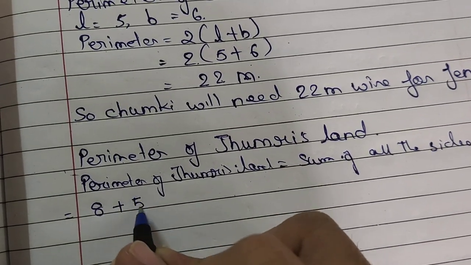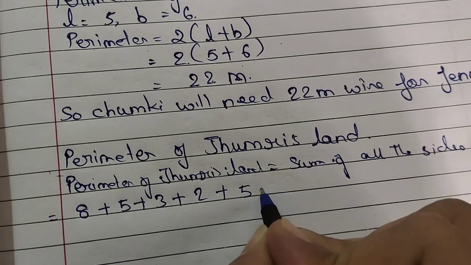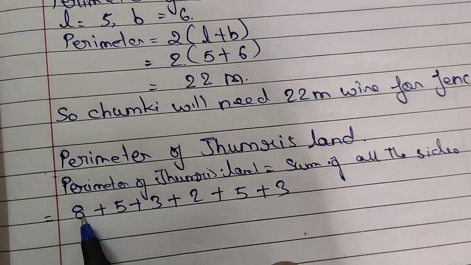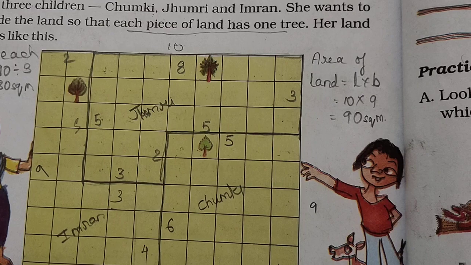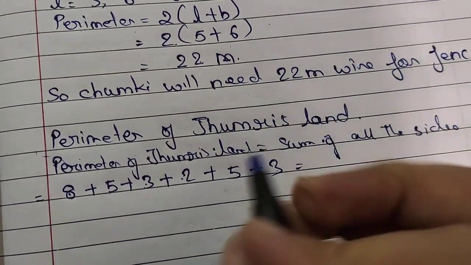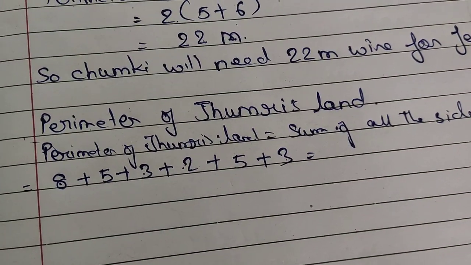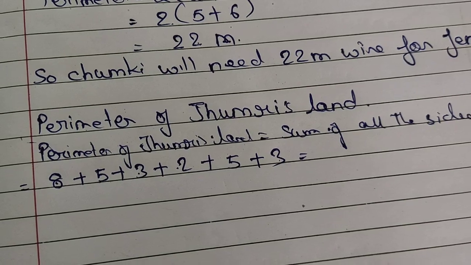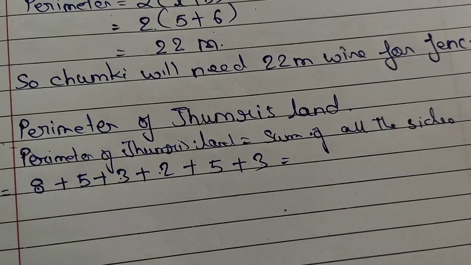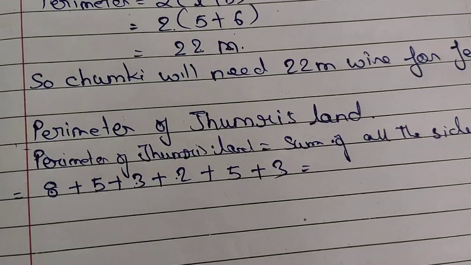I will add it out: 8 plus 5 plus 3 plus 2 plus 5 plus 3. Now let's find the total. 8 plus 5, 13. 13 plus 3, 16. 16 plus 2, 18. 18 plus 5, 23.